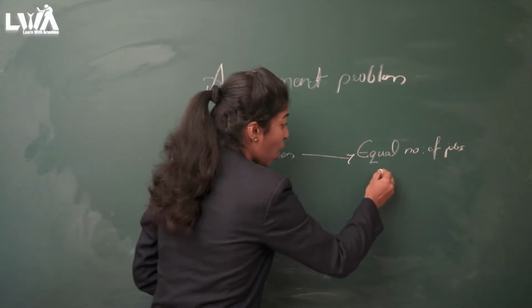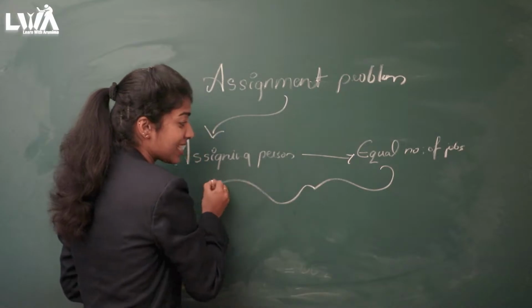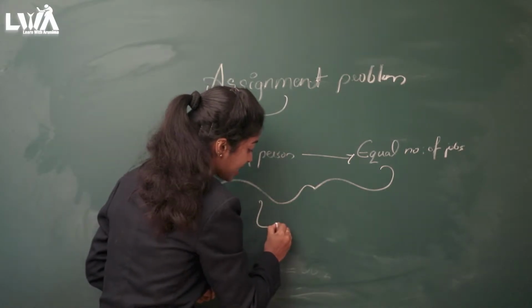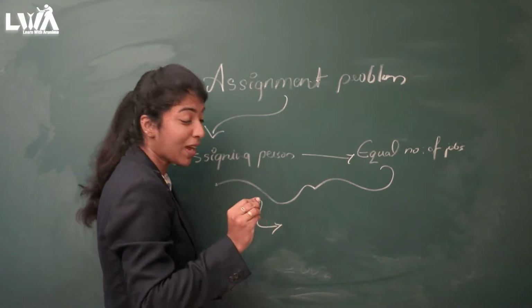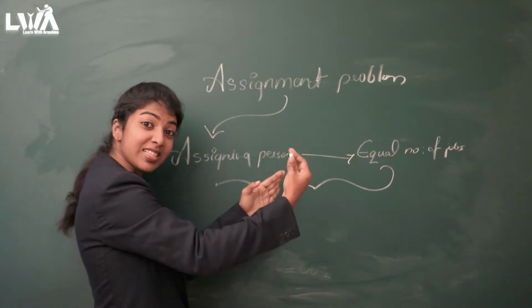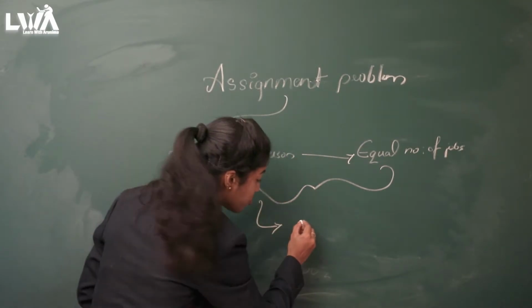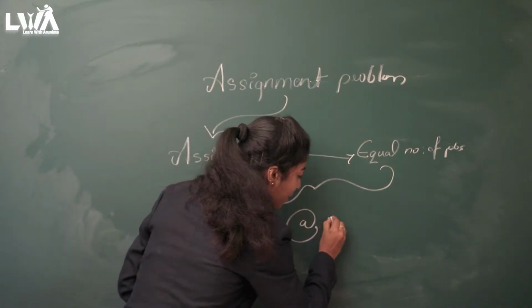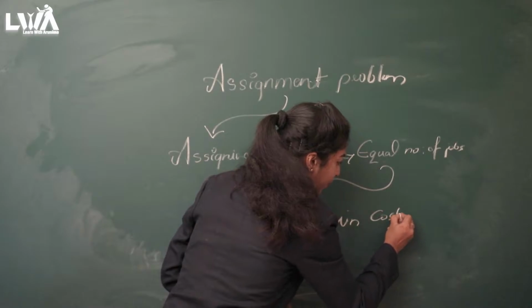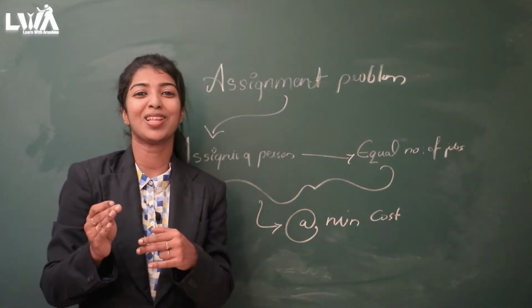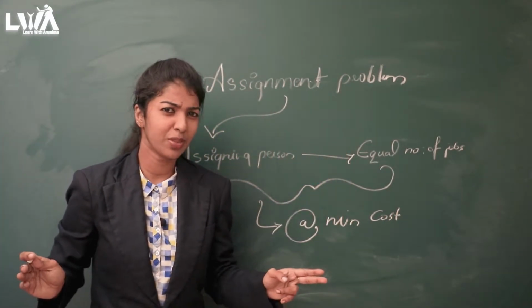And the condition here is that the objective of an assignment problem is assigning persons to an equal number of jobs at minimum cost. That is important. This is all about the assignment problem.